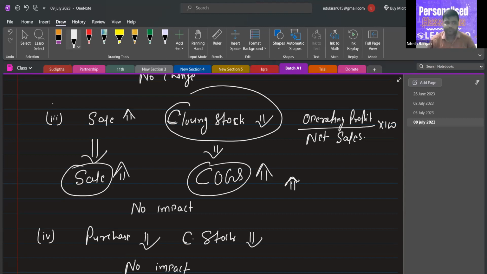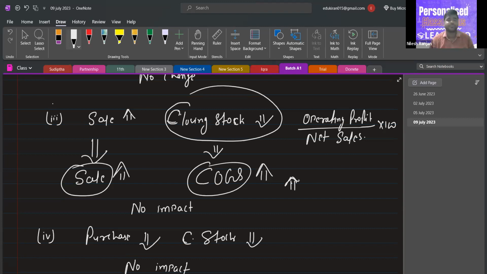So in the third transaction, please read the third transaction. Revenue from operations on sale of stock in trade rupees 1,25,000. Yes. So by this transaction, our sale will increase by 1,25,000.